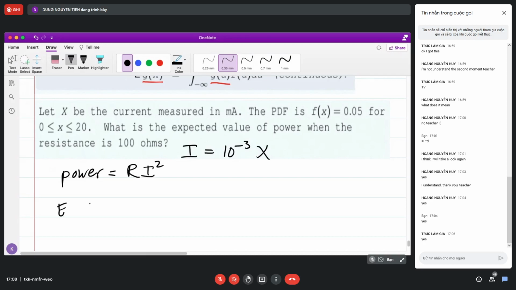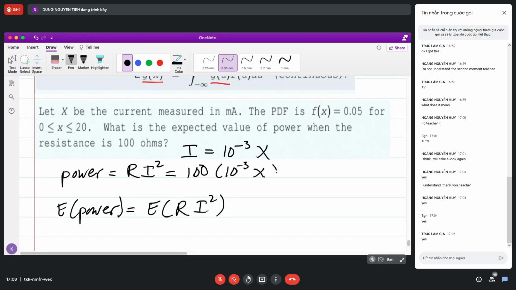And the effective value of power, the average power, is the mean value of R times I squared. Is it okay? What is R times I squared? R times I squared is 100 times I squared, which is 10 to the minus 3 times x, squared. And then you get 10 to the minus 4 x squared.